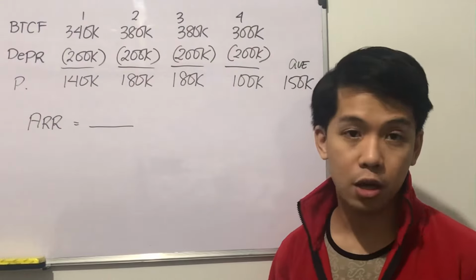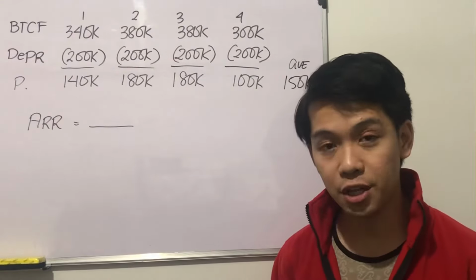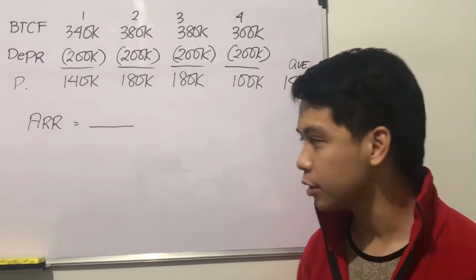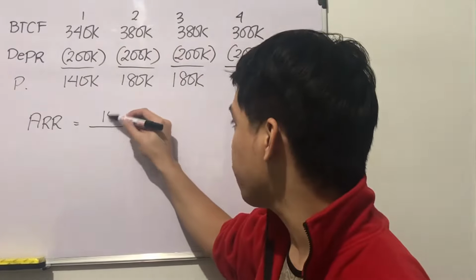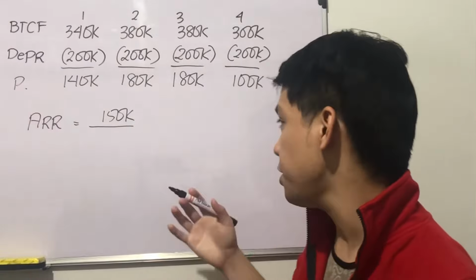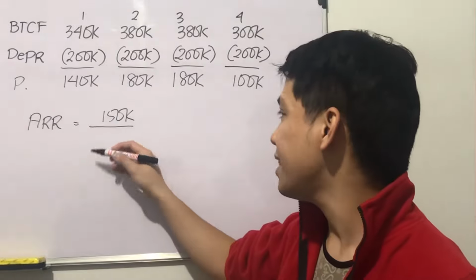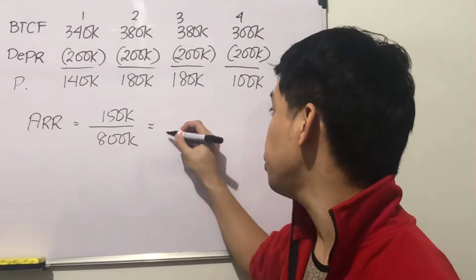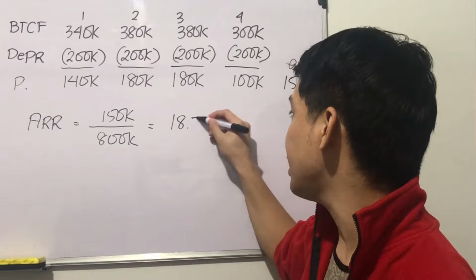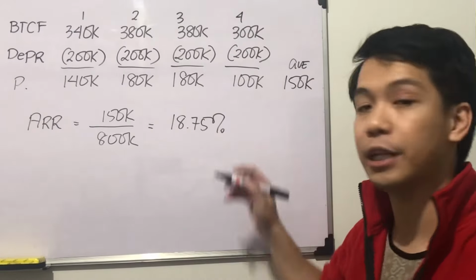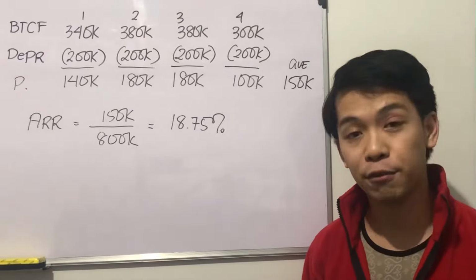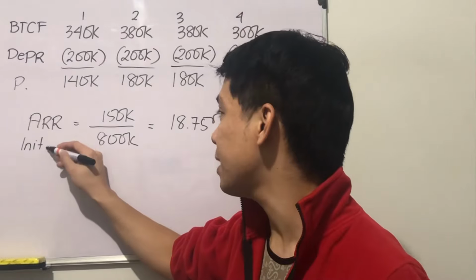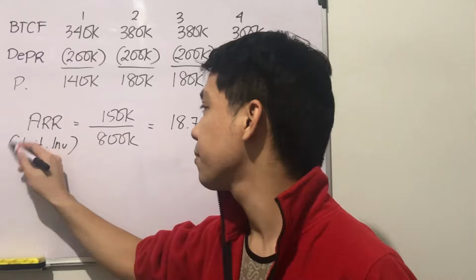One version of the ARR would utilize the initial investment as our denominator. So we're going to use that first. You have a profit of 150,000 every year divided by the investment of 800,000. This would give us 18.75%. The accounting rate of return based on initial investment.